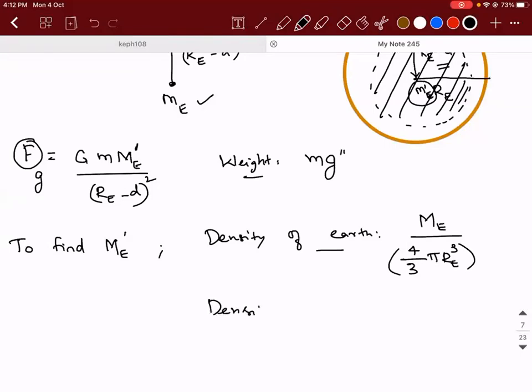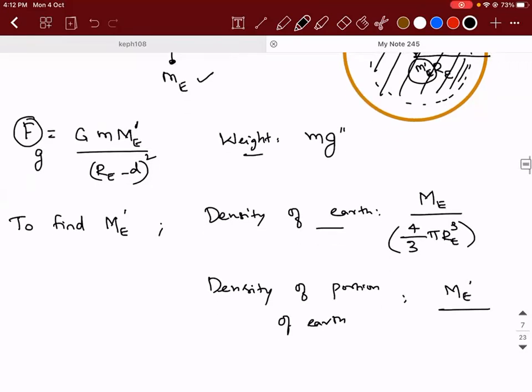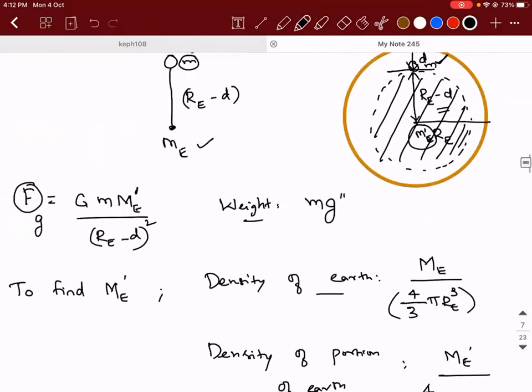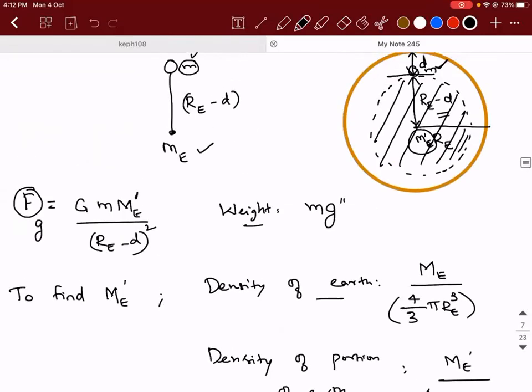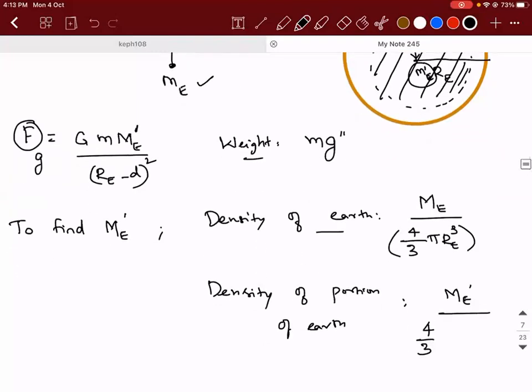Now, the density of this portion of earth is how much? ME dash is said to be concentrated in a total volume of how much? ME dash is a mass which is contributed within how much space? 4/3 pi into RE minus D the whole cube.